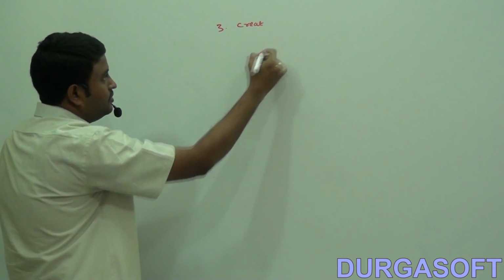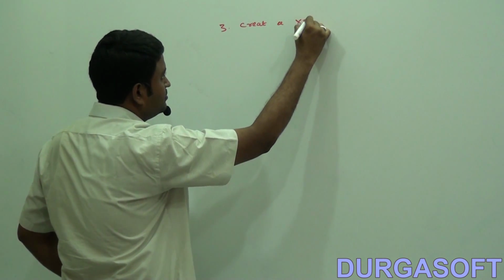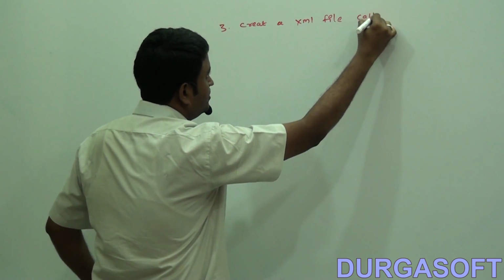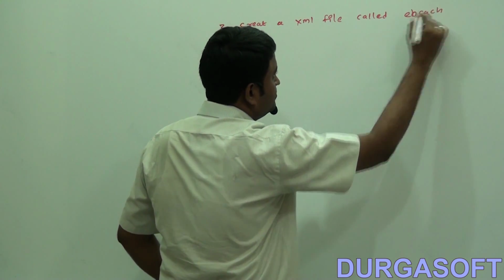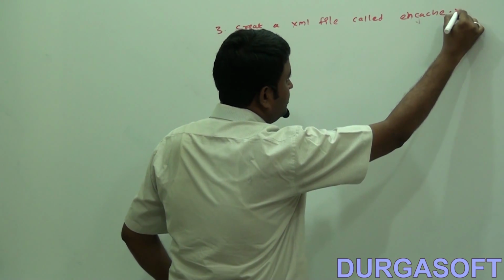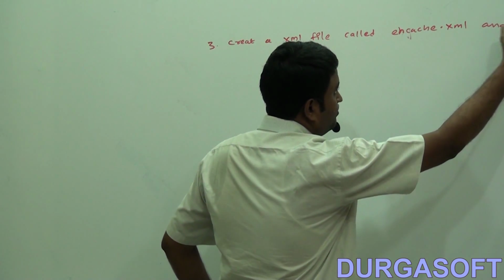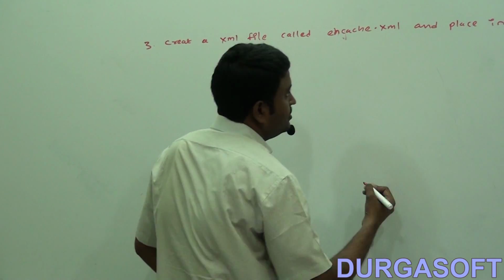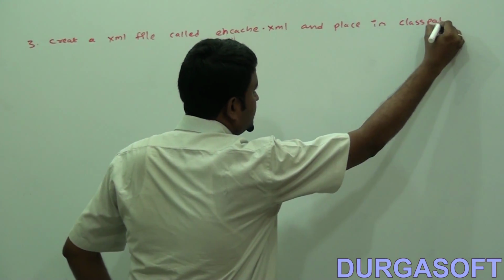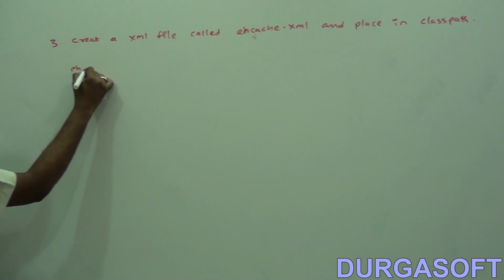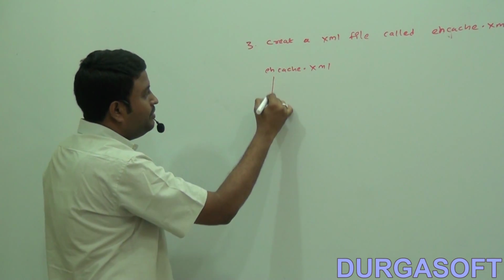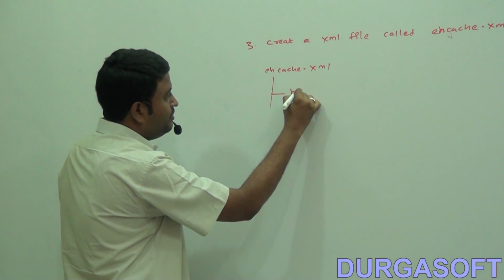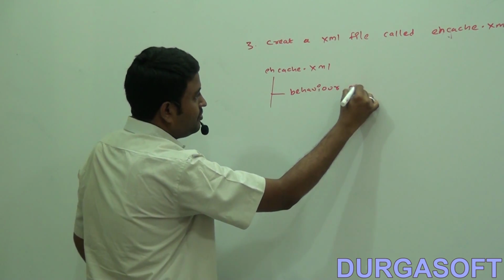Third one, create an XML file called ehcache.xml and place it in the classpath. Here the ehcache.xml file contains the behavior of the cache.